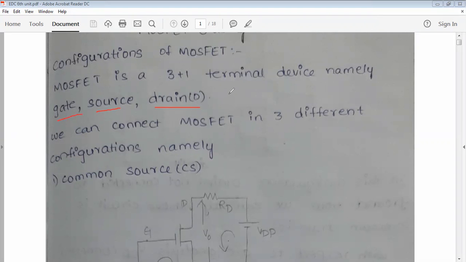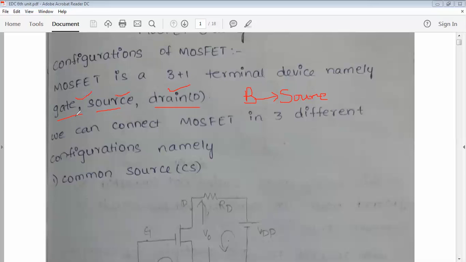In a MOSFET, the fourth terminal is always connected to the source, whether it is an N-channel or P-channel MOSFET. So now the device has only three terminals: gate, source, and drain.